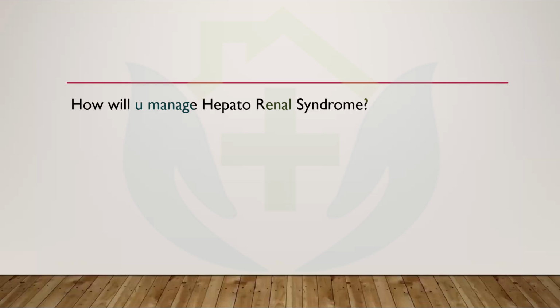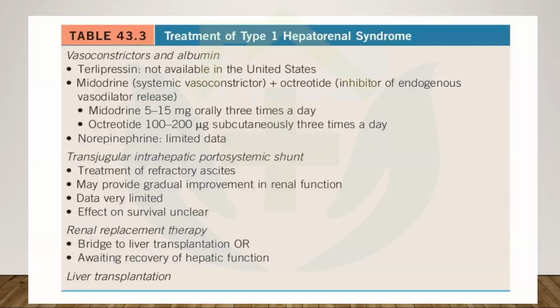So how will you manage hepatorenal syndrome? A very simple question. You'll get the management of hepatorenal syndrome in each and every book. Most of you answered this very correctly. Vasoconstrictors and albumin, like terlipressin, midodrine, or norepinephrine. TIPS can be done if not responding, if not, renal replacement therapy.